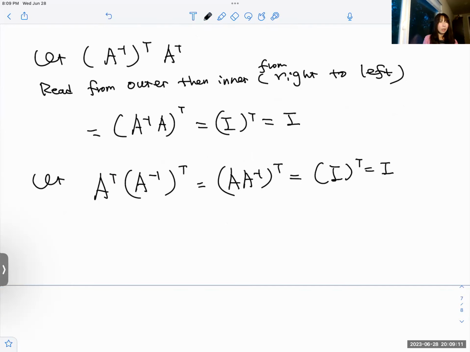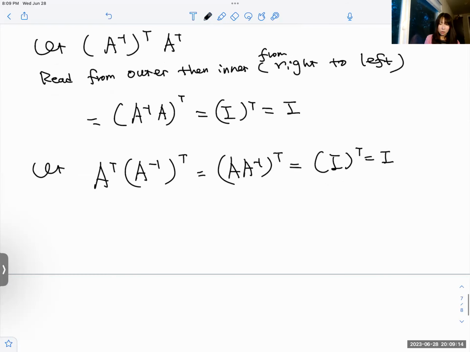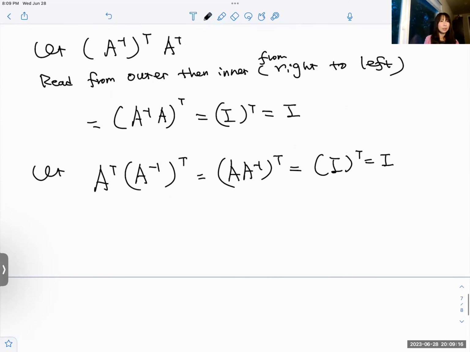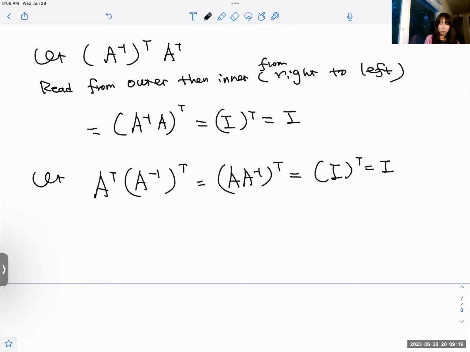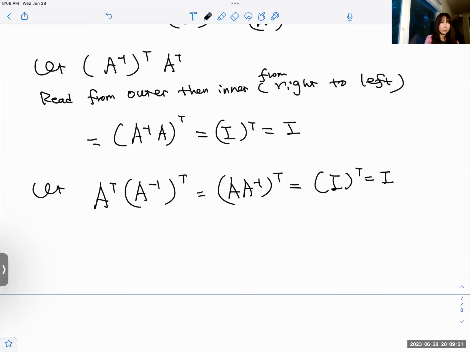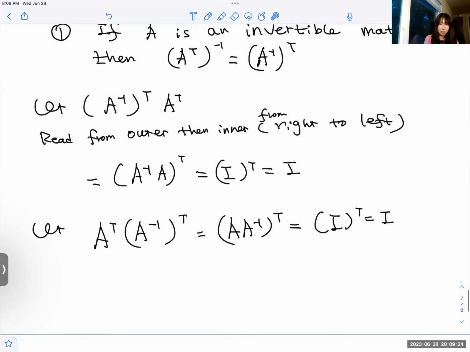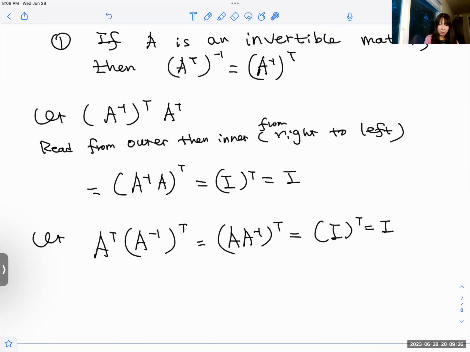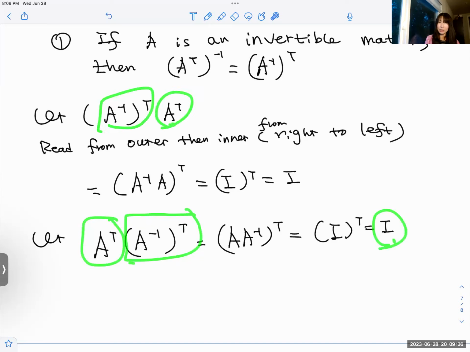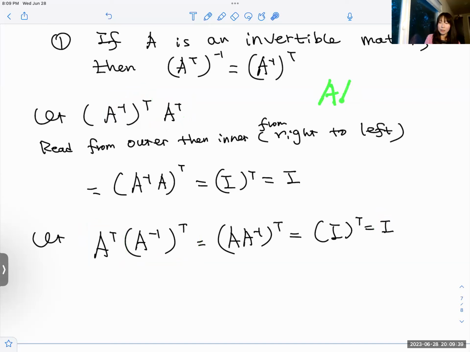Now we can conclude. Since this one gives the identity, also this one gives identity. We have A inverse of A equal to identity, and inverse of A equal to identity.